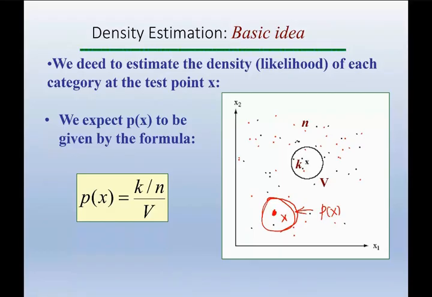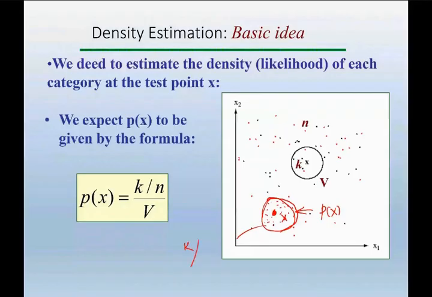So how do I do it? I take the number of samples in this small area. Say there are k such samples out of the total number of n samples. So in my problem domain, there are total n samples. Out of that, k samples do fall into this small domain.